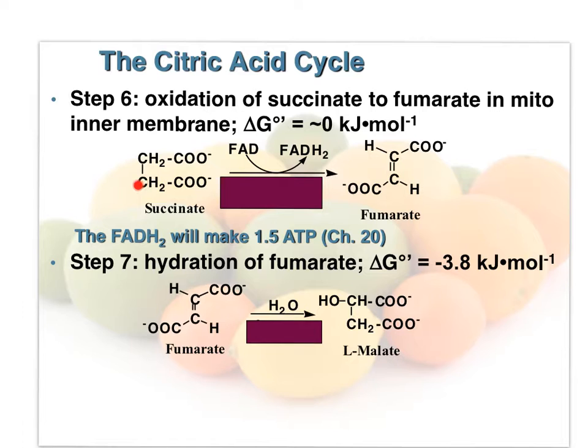But remember, one of the other shortcut methods was if anytime that you increase the number of carbon to hydrogen bonds, you're reducing it. And if you notice, we're increasing the number here, and so therefore this is another type of oxidation reduction reaction. So this is a dehydrogenase. So if you're going to name it, what could you name this one? This one, and I just don't have enough room, but this is succinate dehydrogenase.